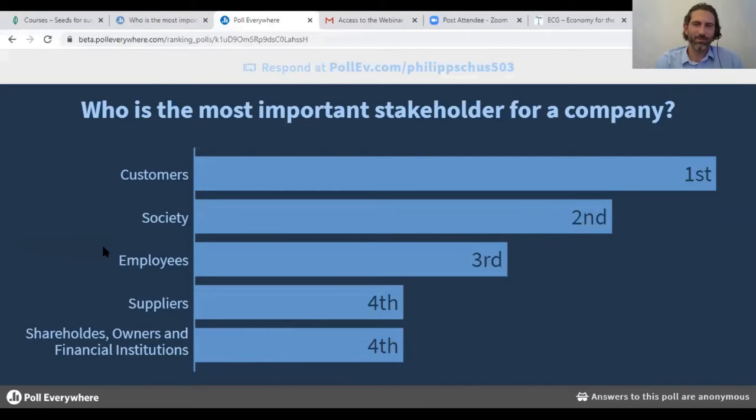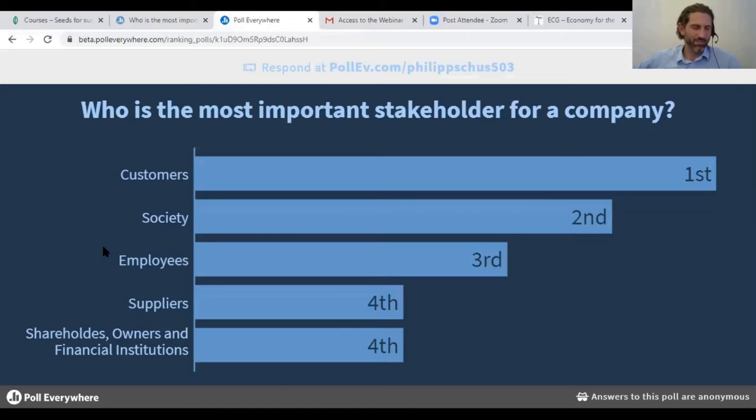Interestingly for me, now it's number 4, but suppliers are pretty much at the end. Let's keep it on a moment longer to see if the picture changes a little bit, but not surprisingly so far, customers are number 1.